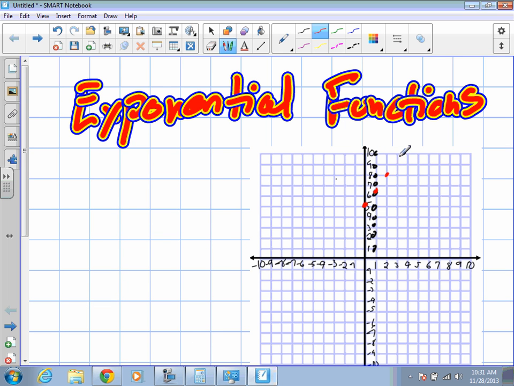So we're getting this type of movement. We know it's curved. And again, by just looking at the graph, we don't know if this is quadratic. So we took our ratios to figure out that this is actually an exponential relationship.